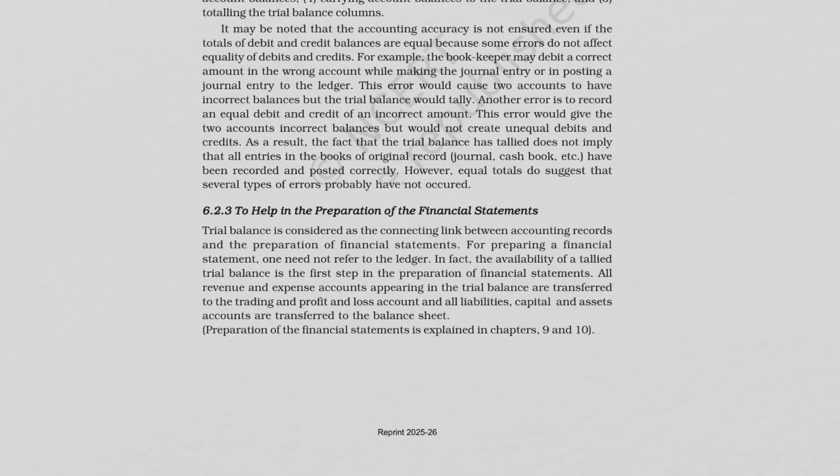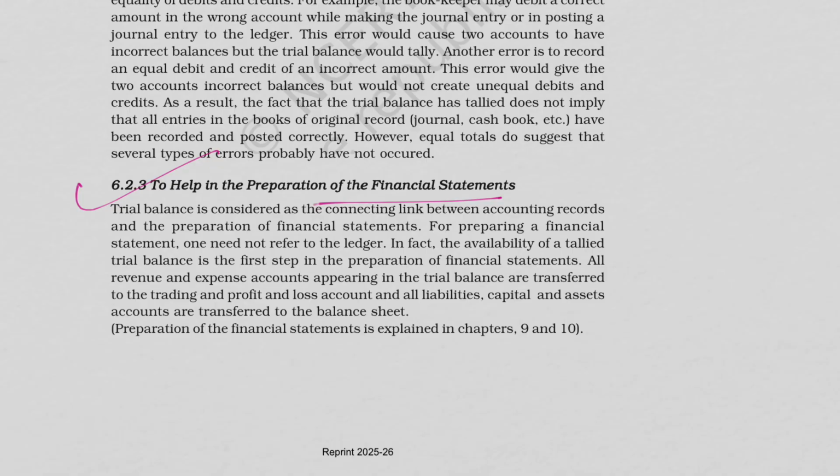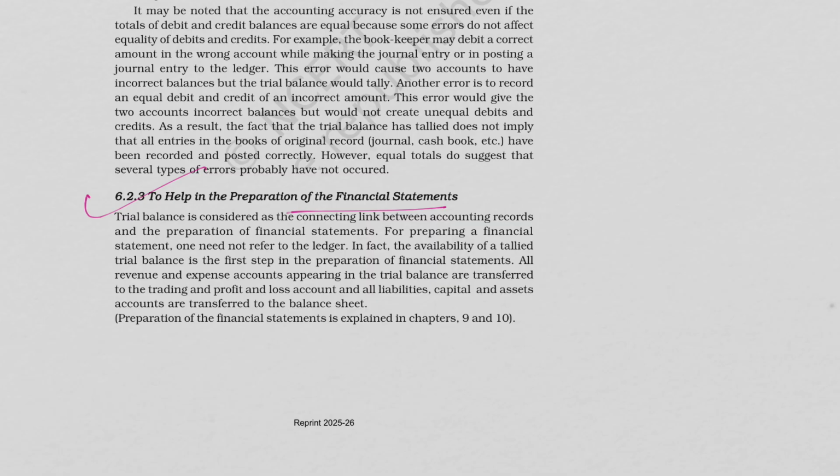Now the third objective is that it helps in the preparation of financial statements. Basically it facilitates the preparation of financial statements. How? Let's see. First, let's understand what the financial statements include. Financial statements include our trading account, profit and loss account, and the balance sheet.